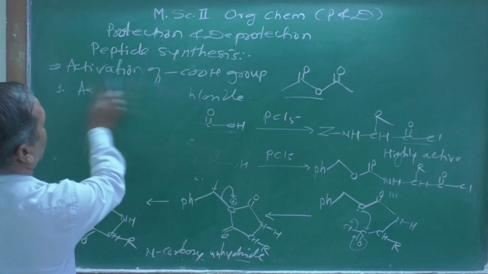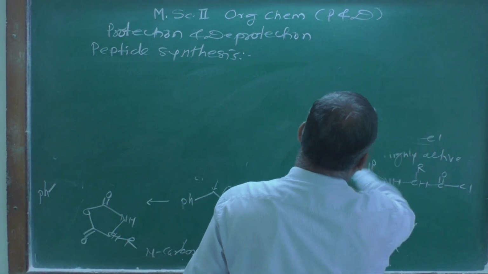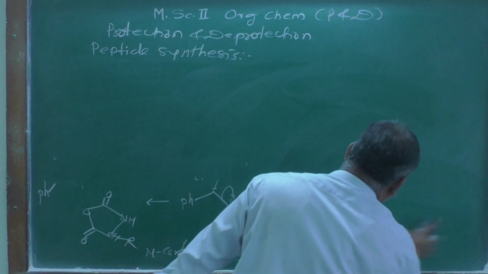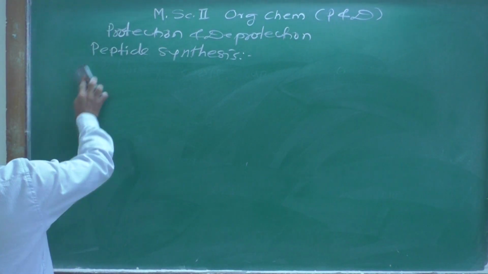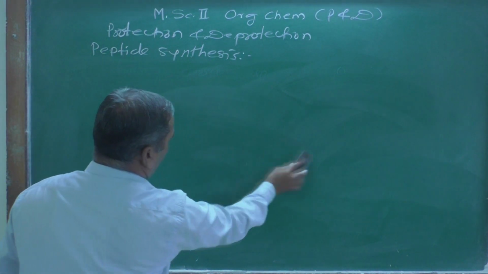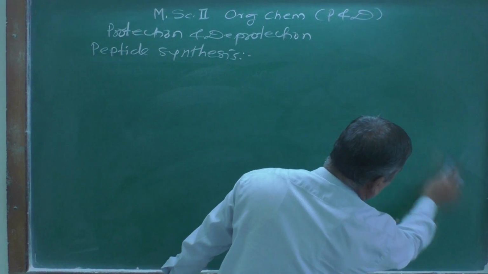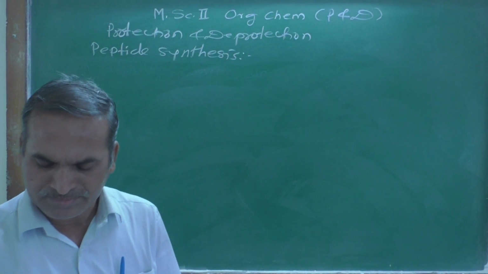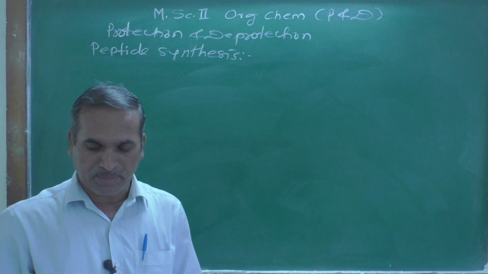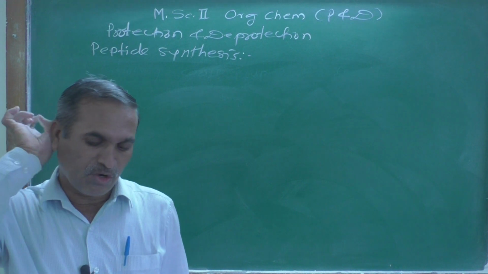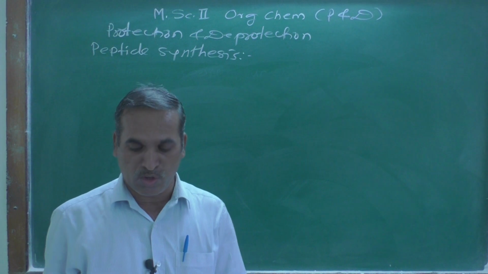The second point of the discussion: because we are discussing peptide synthesis, there are various groups which can protect and we can get the desired product for the peptide. During peptide synthesis, the COOH group is not activated as C double bond O Cl.